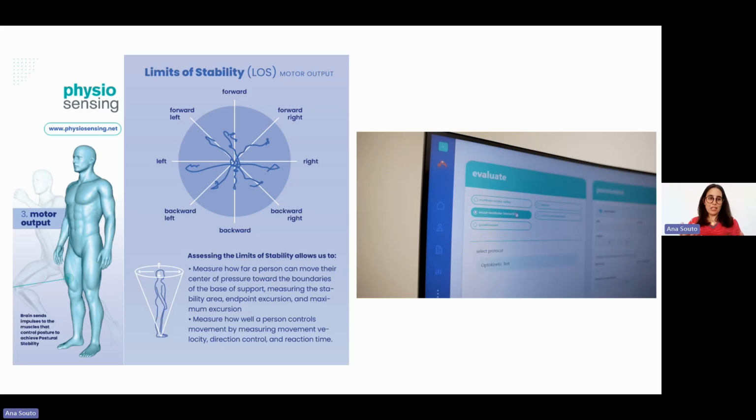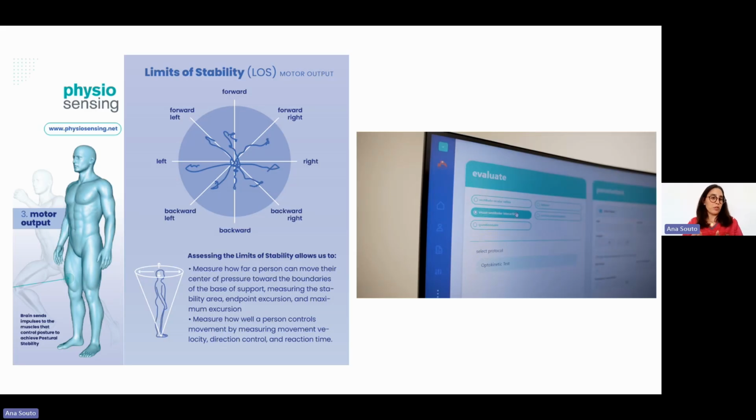Both aspects are very important, and they are also considered in the literature to be sensitive for assessing fall risk or detecting patients with a higher fall risk. If we think about having a small area of stability, you can think about it as having a low margin of error to sway before we need to take a step to build a new base of support or we lose balance.